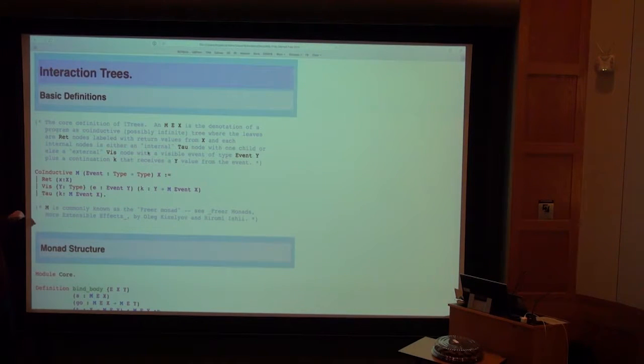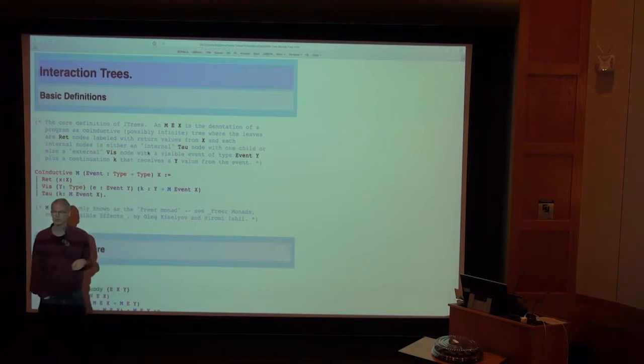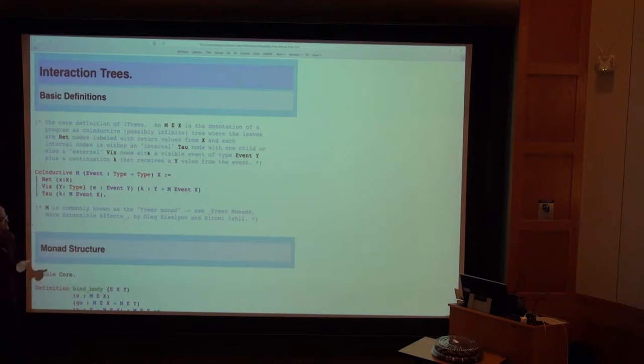So what are the possibilities? An element of this type M of E for some particular E, and X for some particular result type X, is one of three things.